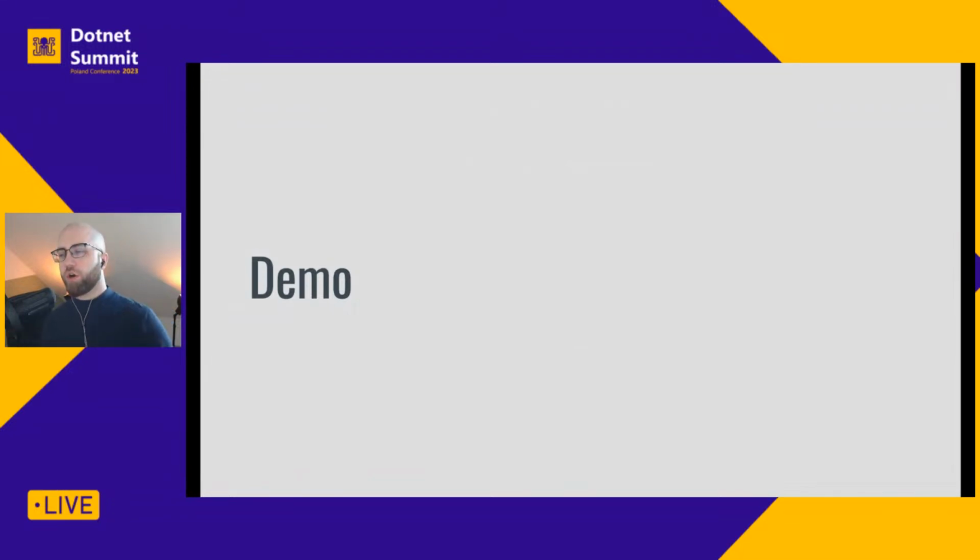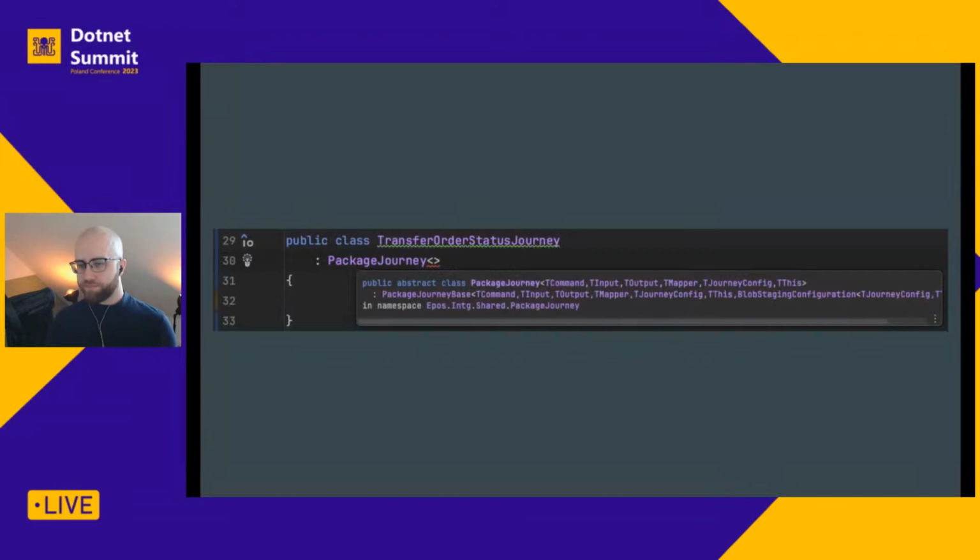Let me show you how it actually looks right now after the generalization, and why it is important in the first place. Okay, so what you need to do right now, if you have a new feature, you create a file with the feature name and the journey of that feature. This is what we used, right?